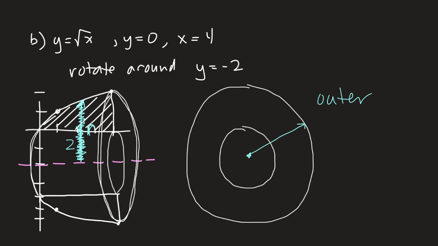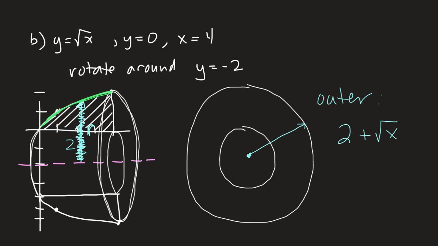It's root x, so we're going to add 2 plus root x. That's how we get the outer radius. From the center to any point along our shell, right out here, is going to be 2 plus the square root of x. The 2 comes from the fact that it's 2 units away from our center of rotation.